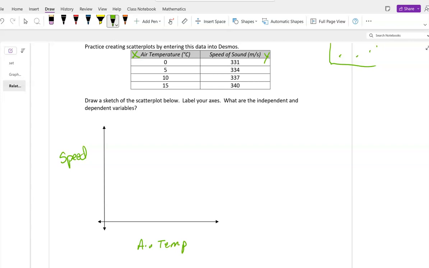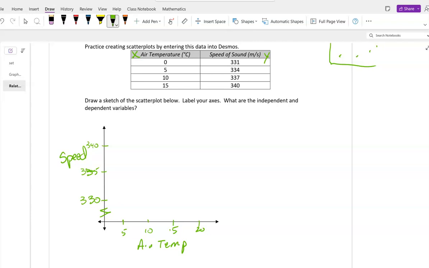So if we graph this, let's go 5, 10, 15, 20. And then instead of starting at 0, I'm going to put a break in the graph here, and I'm going to start at, let's start at 330. Okay, and then I'll go to 335, and then 340, something like that.